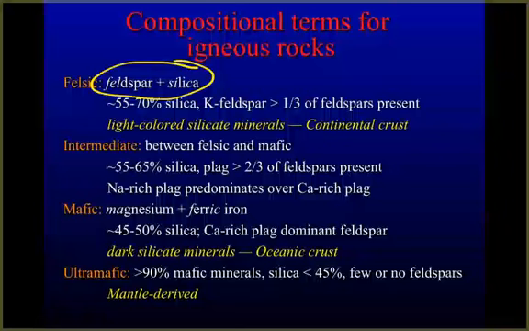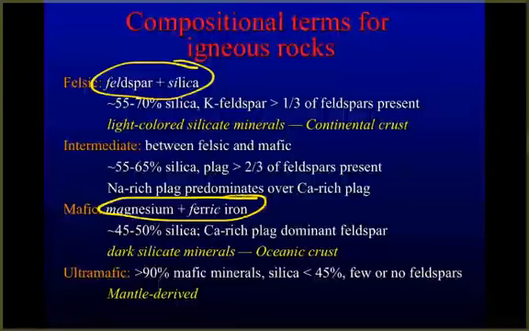Next we've got intermediate. Let's go down to mafic. We've got mafic rocks, which I explained are named from the magnesium and the iron that is more abundant in them. That has less silica in it, so that's more like 45 to 50% silica. And there we've got the calcium-rich plagioclases like anorthite that dominate over all the feldspar in that rock.